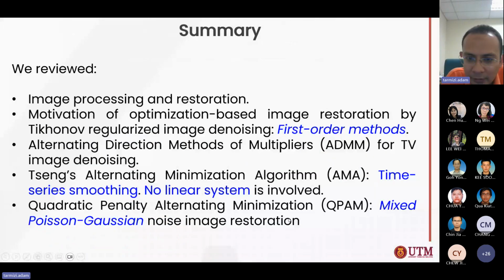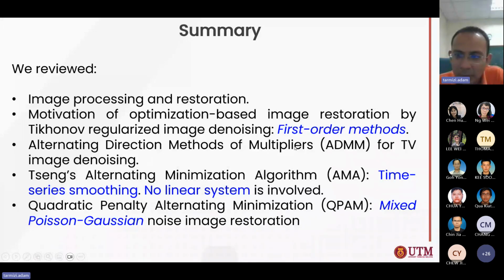So this is the last slide that I have. What we reviewed is a simple introduction to image processing and restoration, the motivation of optimization-based image restoration by Tikhonov regularized image denoising, and then a whirlwind tour of first-order methods.